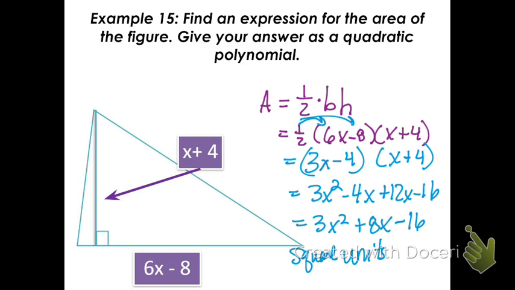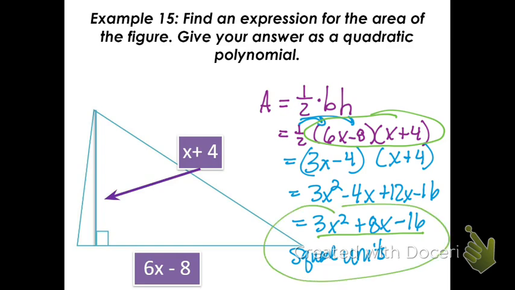If you had waited until the end to distribute the 1/2, so if you had multiplied these two together first and then distributed the 1/2, your trinomial would have been 6x squared plus 16x minus 32 in parentheses times 1/2, and then once you distributed the 1/2, you would have gotten the same thing. So just a side note in case you had tried to do that in a different order.